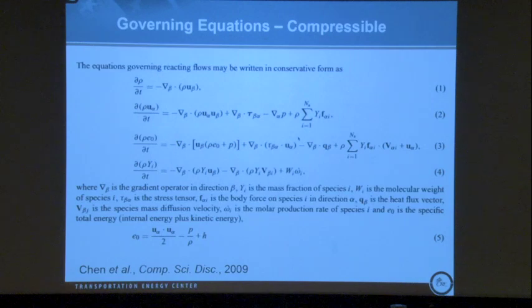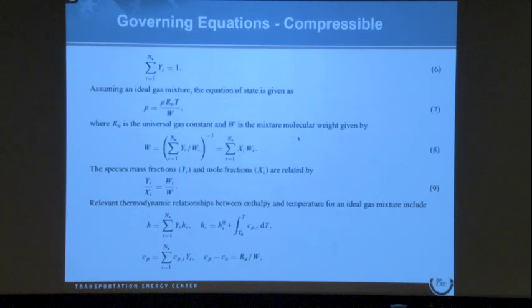By the way, these equations are provided in the article referenced below, as well as in many textbooks by Poinsot and Veynante, and also by Forman Williams, if you want a more detailed reference. Some of the constraints here are that, for conservation of mass, the sum of the mass fractions across all species has to sum to unity.